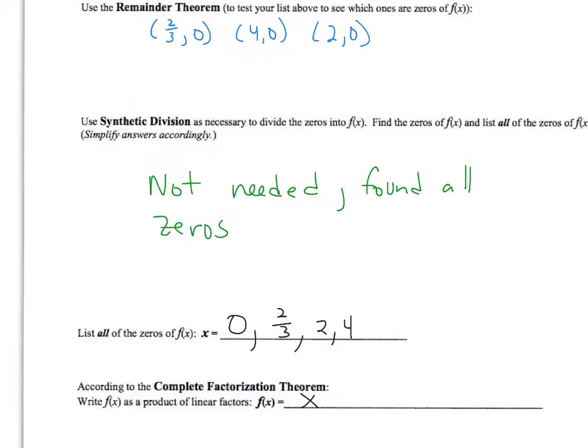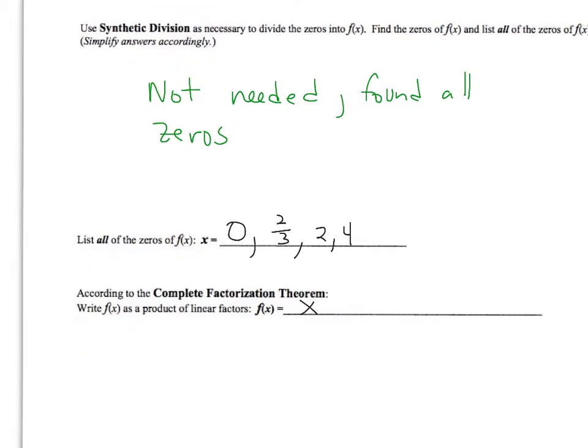Okay? So what I'll do now is write the complete factorization, which is not tricky, but there's one thing I want to be careful of. I know x minus 2 is a factor and x minus 4 is a factor. Now, you can do this last one, the 2/3, a lot of ways. The easiest way is to just write x minus 2/3.